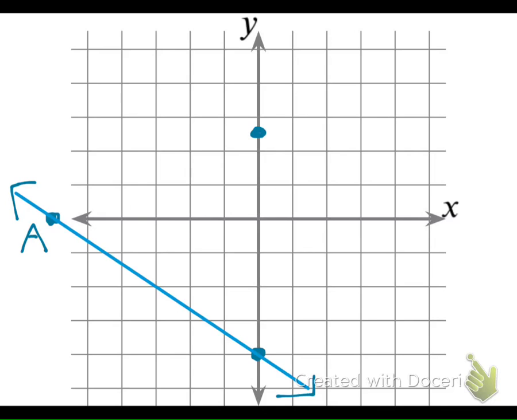That's kind of why I like to write my improper fractions as a decimal, because 5 over 2 in my head, I don't really know that that's supposed to go right here. But when it says 2.5, you know it equals 2.5. Okay, and what's the other point for line B? Anybody? John? 2, 0. So right here?